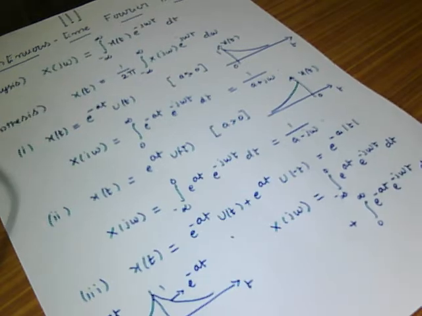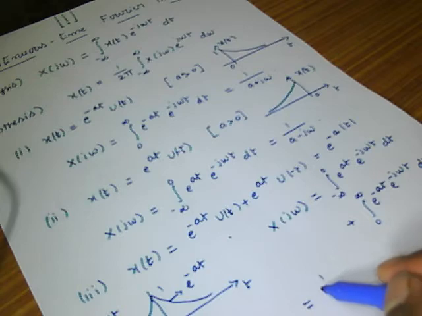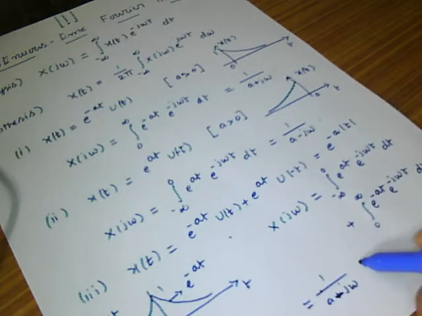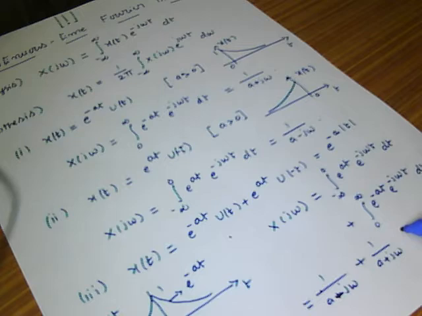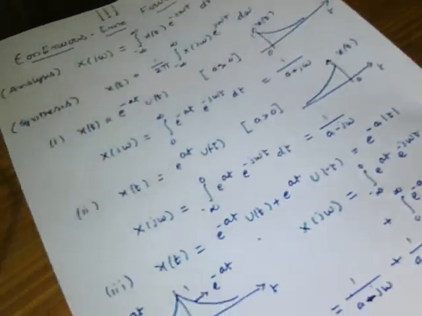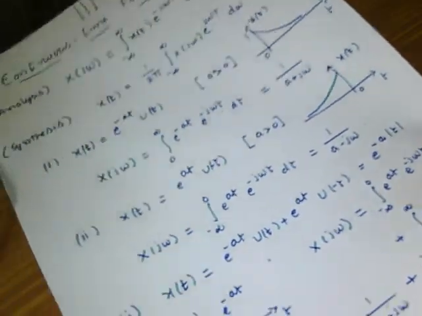After simplification, this will be equal to 1 by a minus j omega plus 1 by a plus j omega. This easily simplifies to 2a by a squared plus omega squared. So that is an example; we have taken three examples here.